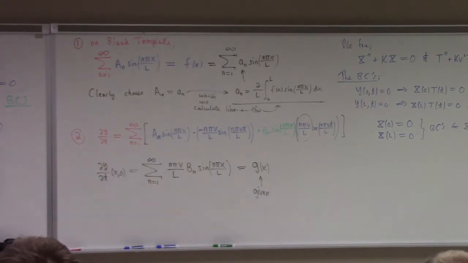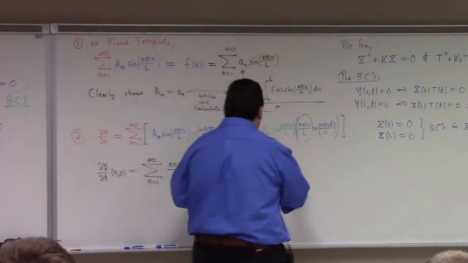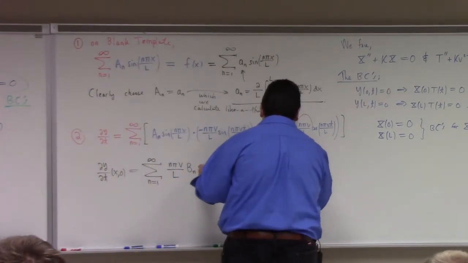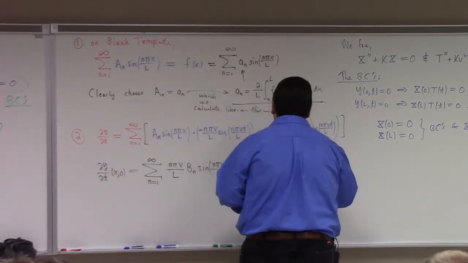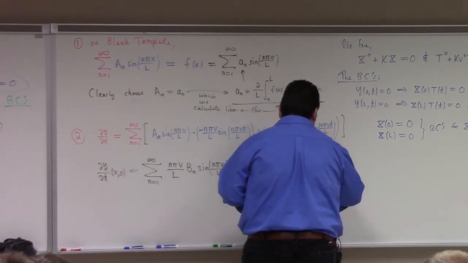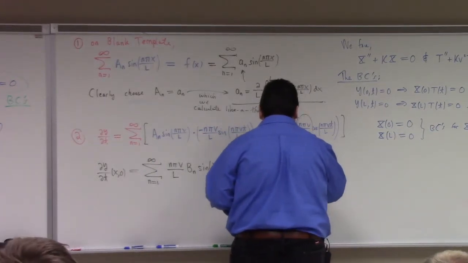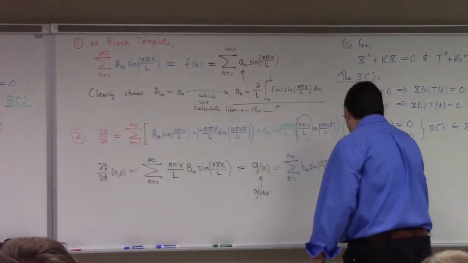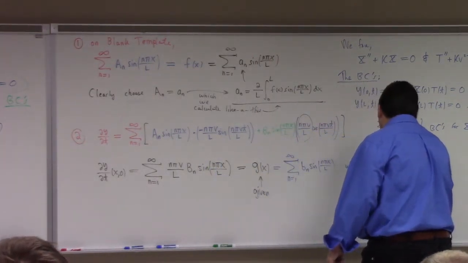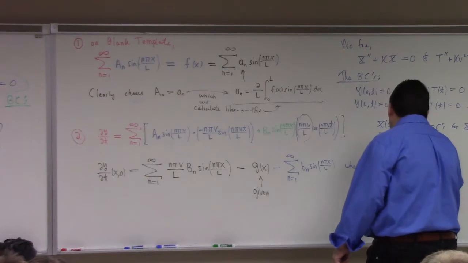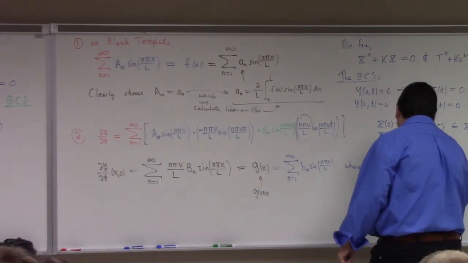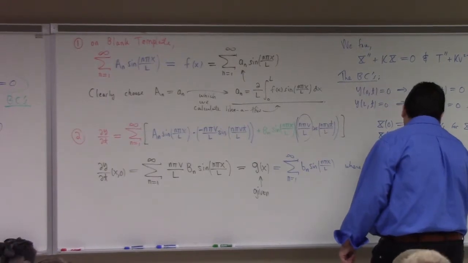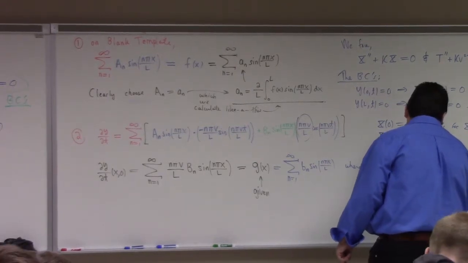We decompose g as being equal to, let's say, the sum, I'll use a little b sub n, sine of n pi x over L, right, n equals 1 to infinity, where b sub n is 2 over L, the integral from 0 to L of g of x, sine of n pi x over L dx.